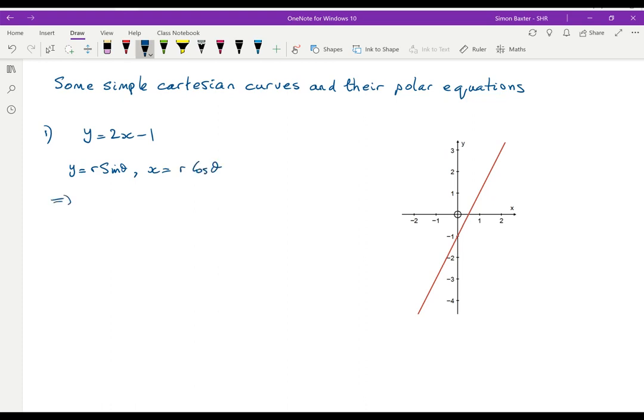And so we have r sine theta is 2r cos theta minus 1. A little bit of playing around will give us r is 1 divided by 2 cos theta minus sine theta. Yes, I think I prefer that equation of a straight line to that one.